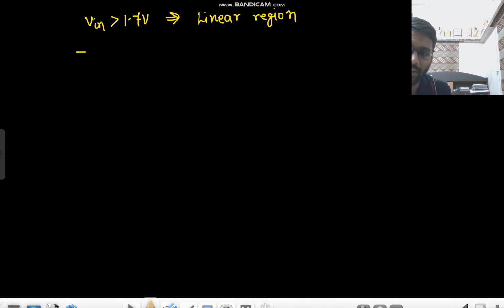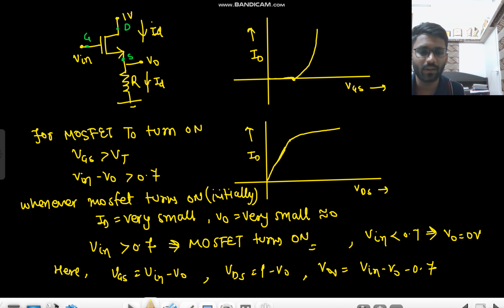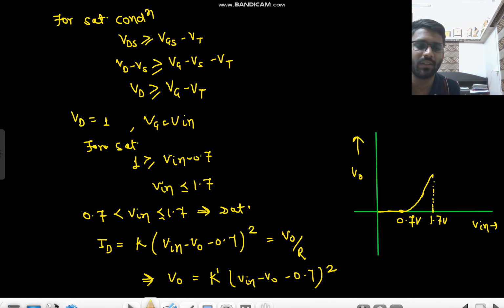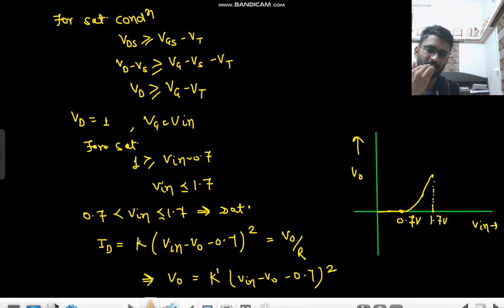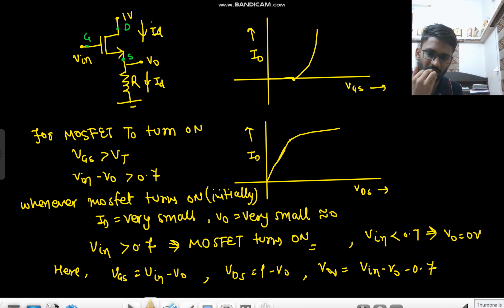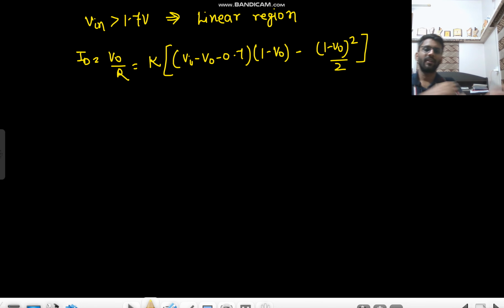So you can write the current equation, that I will be equal to V naught by R, something constant, into VGS minus VT, that is V in minus V naught minus 0.7, into VDS minus VDS square by 2.